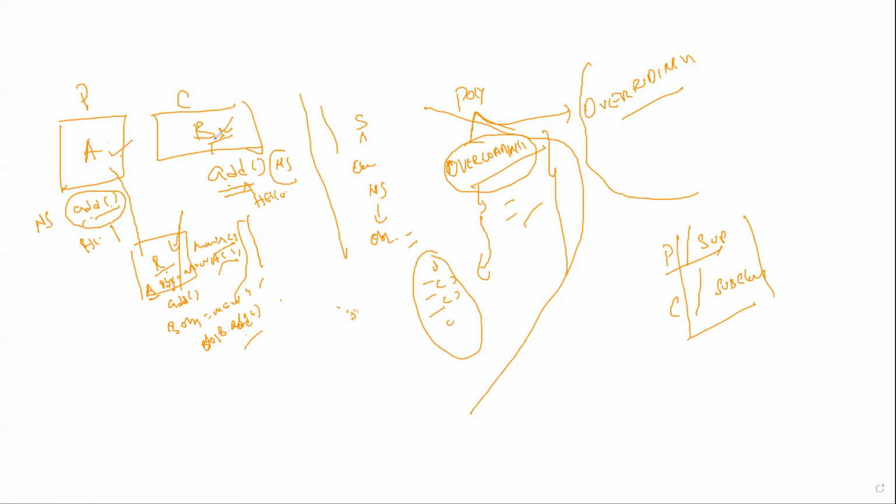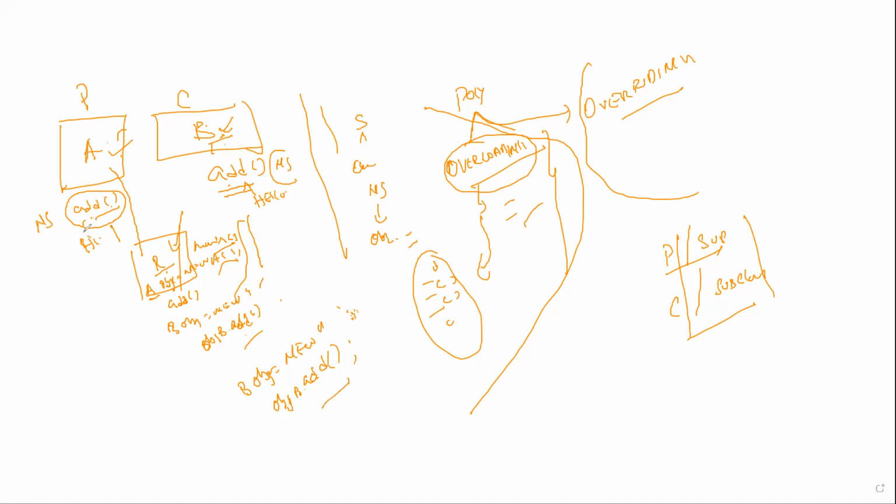Now if I create an object, B obj equal to new B, and call obj dot add, what would it try to print for me?